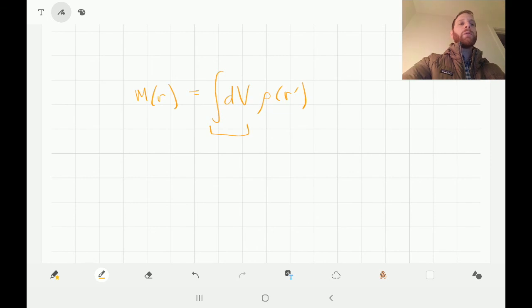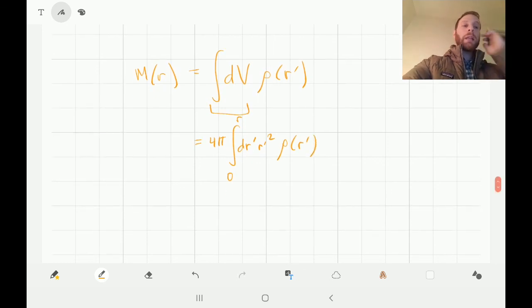This integral over volume element can be written, assuming spherical symmetry, by integrating over theta and phi, which gives you a 4 pi, and then what remains on the inside is an integral from 0 to r, dr prime, r prime squared, rho of r prime.